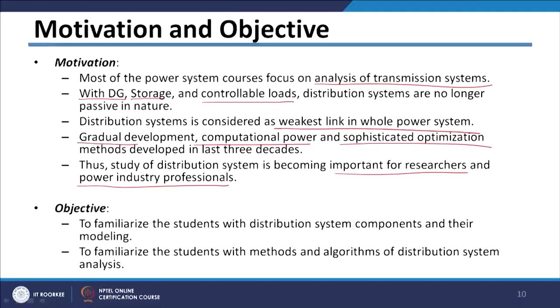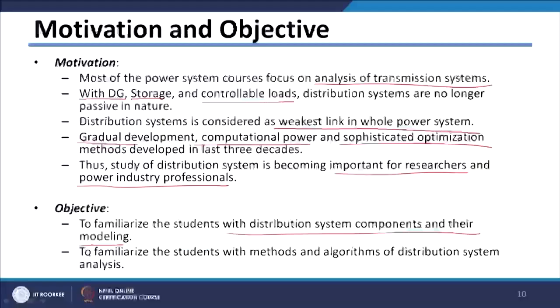Therefore, main objectives of this particular course are to familiarize the students with distribution system components and their modeling. So, in the first part of this course we will see how to model different components of the distribution system, and in the second part the objective is to familiarize the students with methods and algorithms of distribution system analysis.